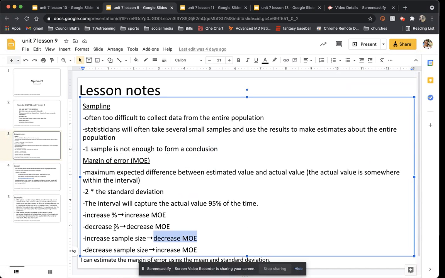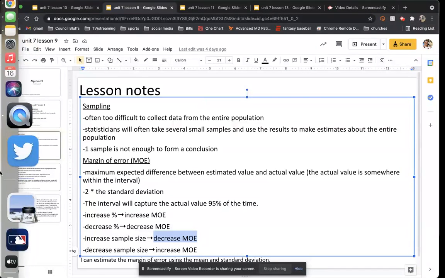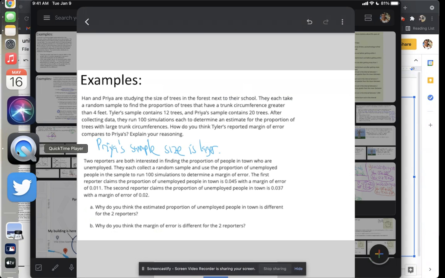So because her sample size is larger, that means the margin of error will be less. Therefore, the margin of error will be less.